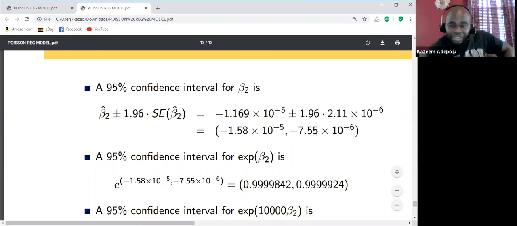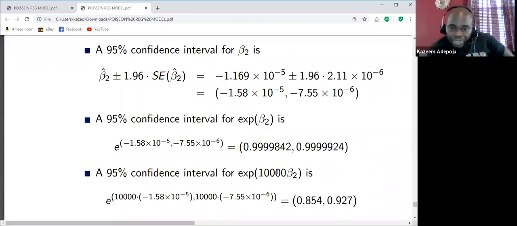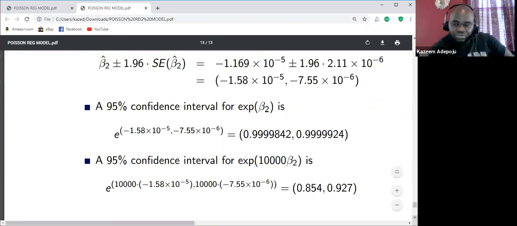And if this is the range of beta 2, you can also find the odds ratio for that. The odds ratio is going to be exponential raised to the power of the interval: exponential raised to power this, exponential raised to power that, so that you're actually going to have this. If you want to talk about the $10,000 increase, the 10,000 units housing unit that I talked about the other time, we can talk about the interval for that.